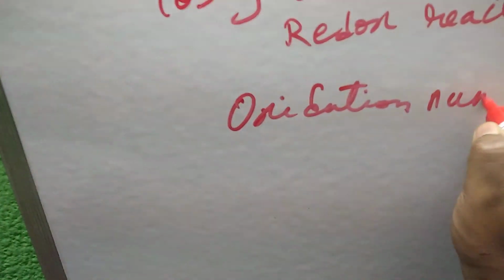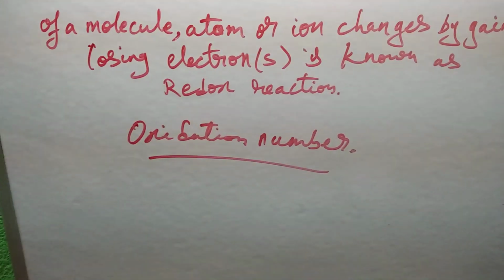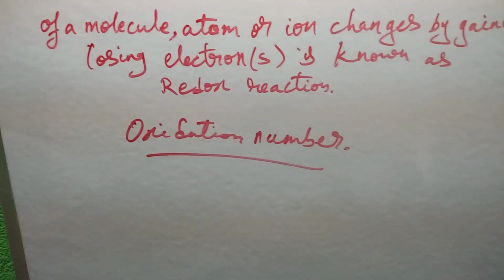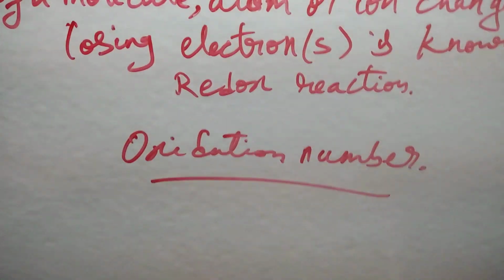Now what is oxidation number? The number of electrons present in the valence shell of an atom.